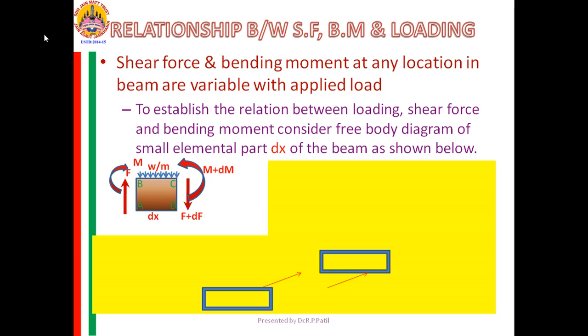We are assuming that because of that loading, there is a slight change in the shear force and bending moment. That is why if on one side the shear force is F, on the other side it is F plus dF in the opposite direction. Like that, on one side, if the bending moment is M, on the other side it is M plus dM.